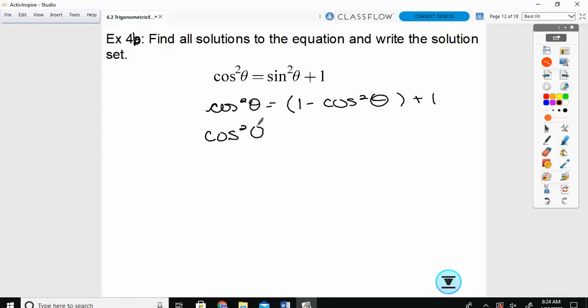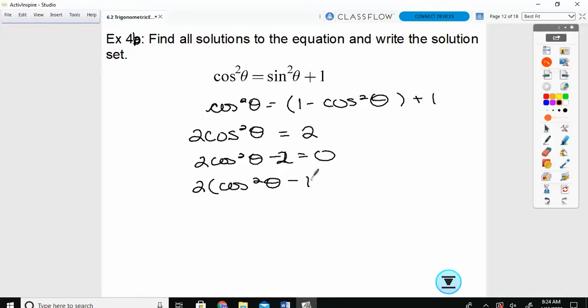So, if we add like terms, let's say I add that cosine squared over. So that's 2 cosine squared theta equals 1 plus 1 is 2. What would you do now? So you could factor out a 2.